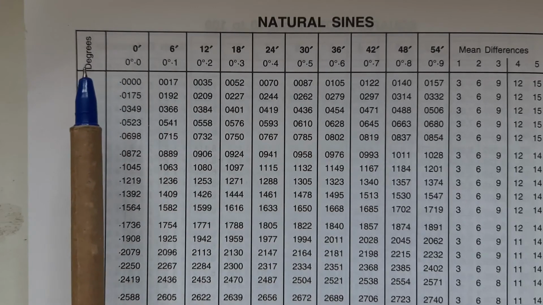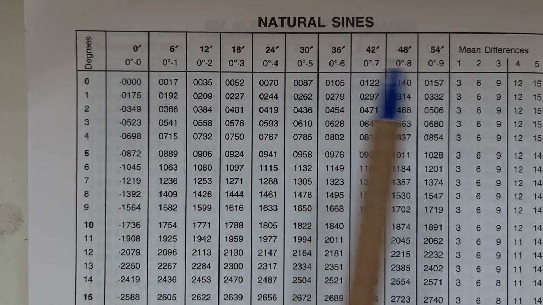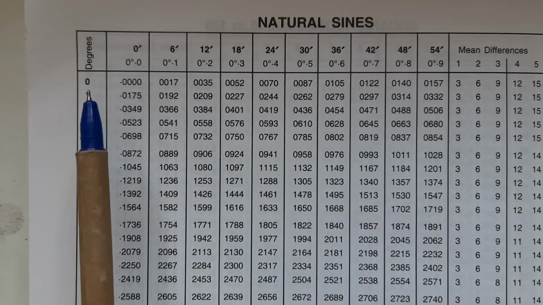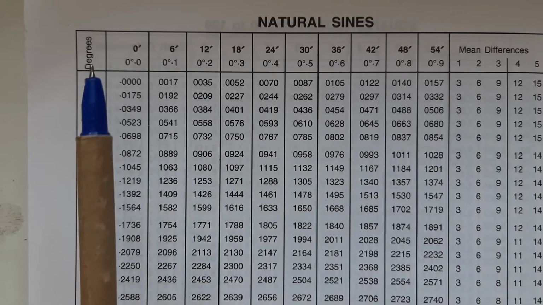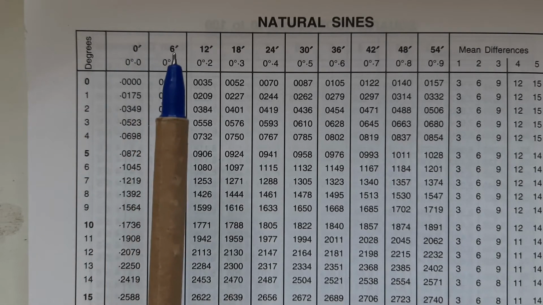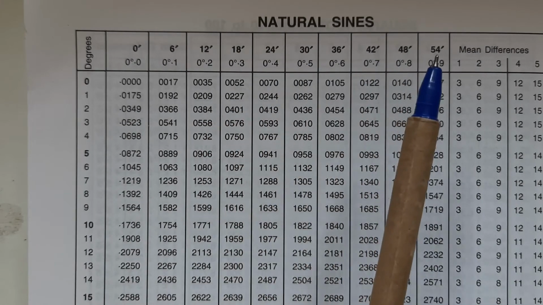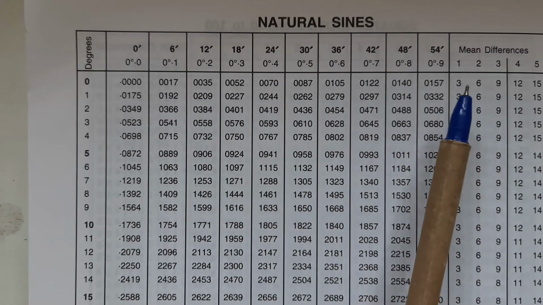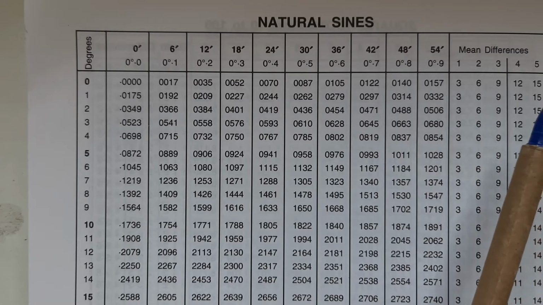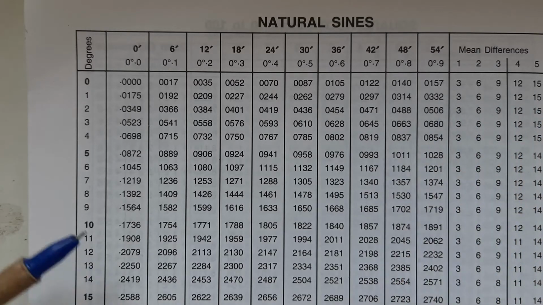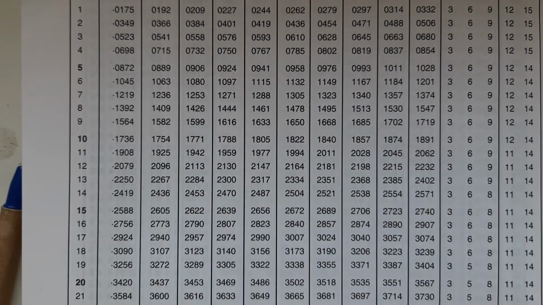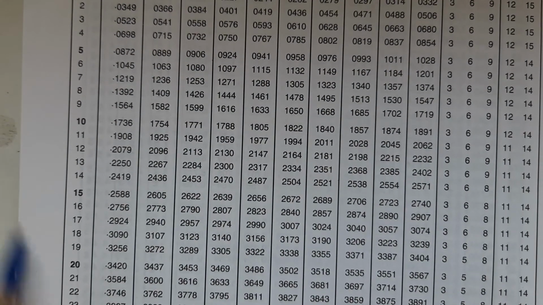These are the 3 parts: degrees, minutes and mean difference. 0 to 89 degree, here 0 minute, 6 minute, 12, 18, 24 till 54 minutes, and mean difference 1, 2, 3, 4, 5. In this we want sine 21 degree. So sine 21 degree is 0.3584.